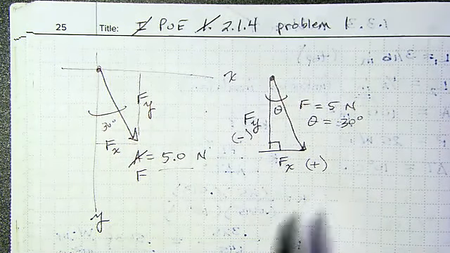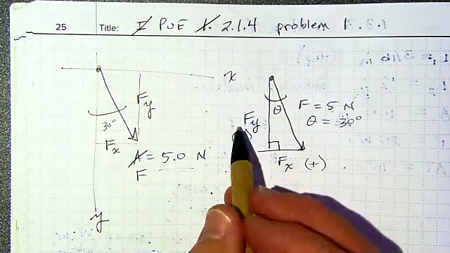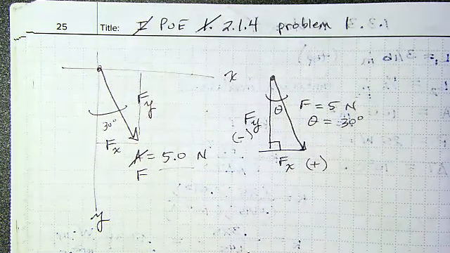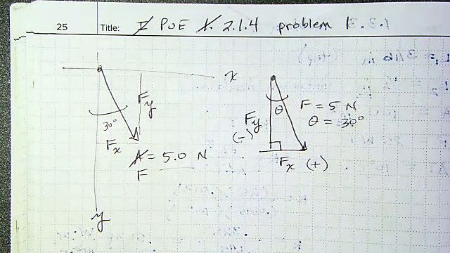So at this point, you know that this is 5. You don't know what those two are. And you're going to have to use the trig functions. Do you remember, or do you have any idea what the trig functions are?